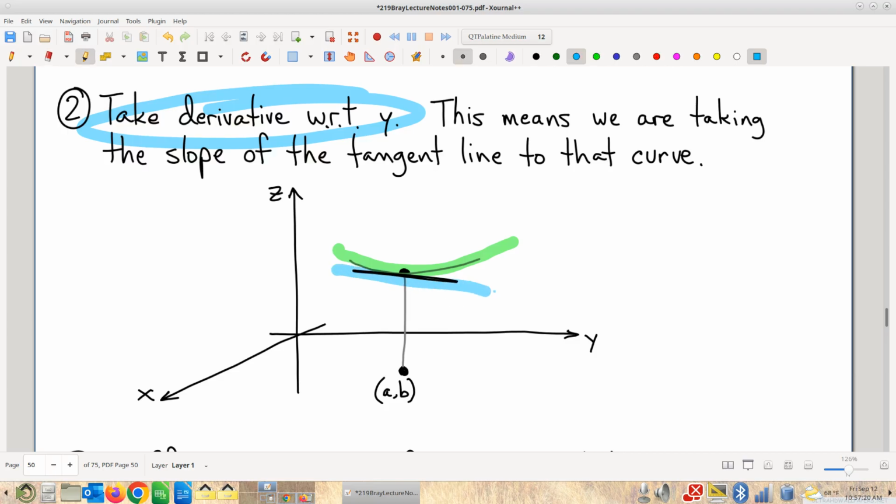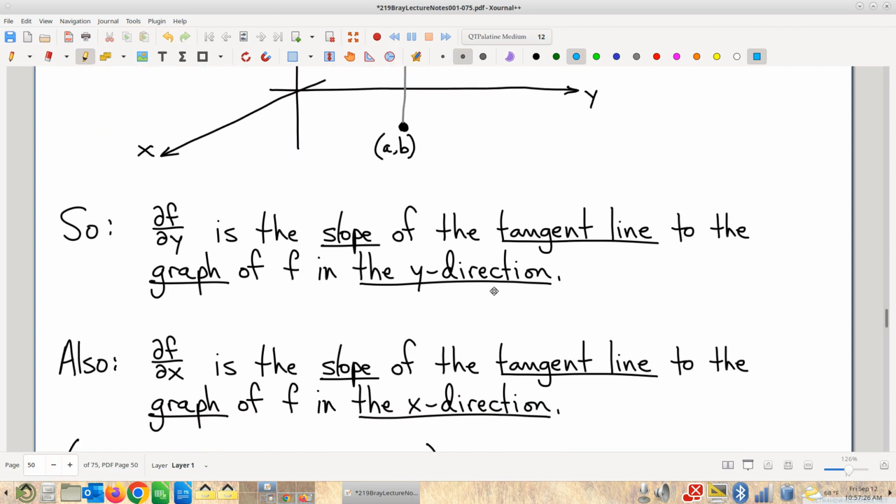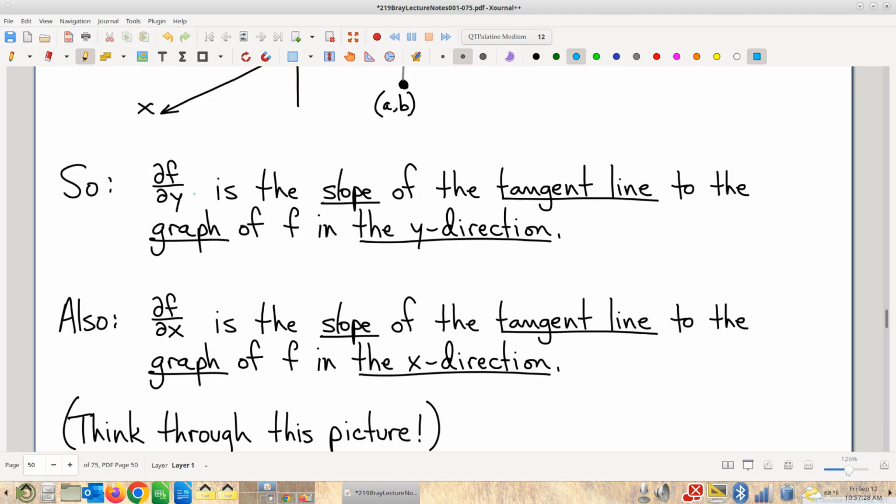Old news, Calc 1. So there's your punchline. This is the interpretation. A partial derivative with respect to y is the slope of the tangent line. Kind of like in single variable calculus.